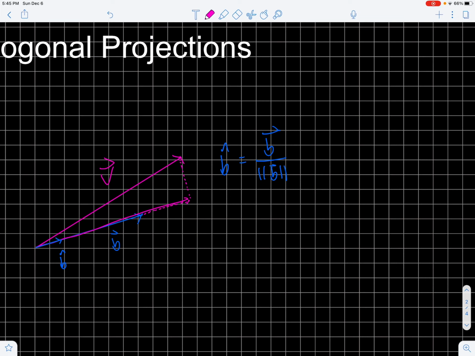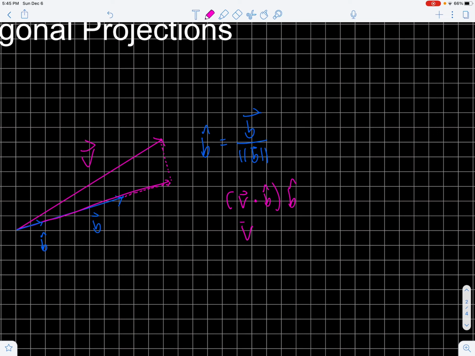So we know that this vector is v dot b hat times b hat. Easy enough. So all we have to do is sub in this expression for b hat.